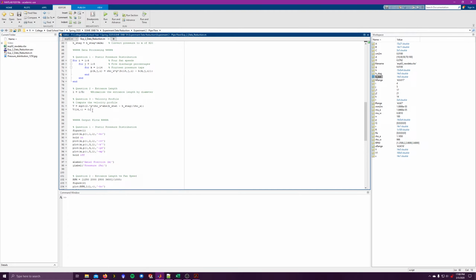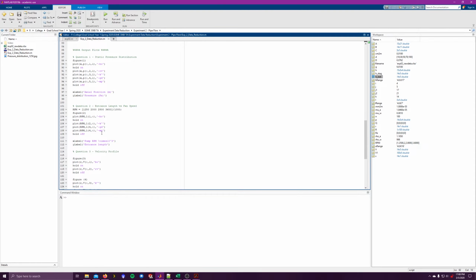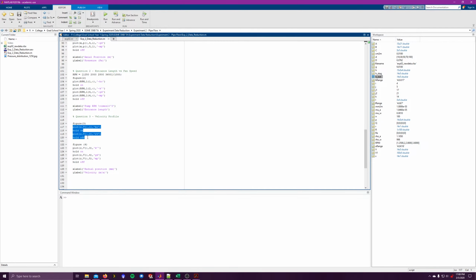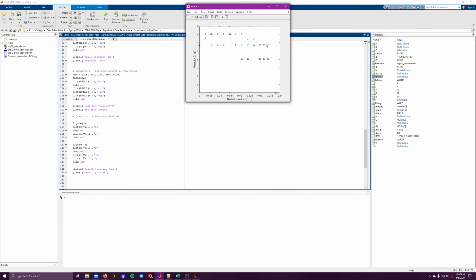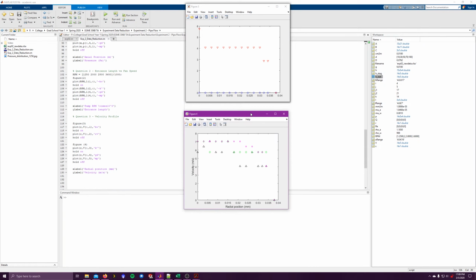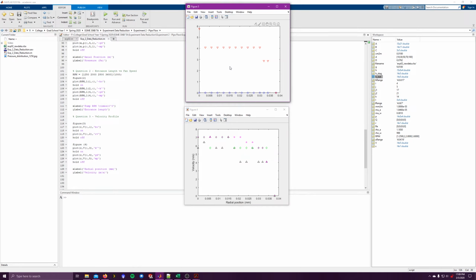Okay, so that's all the code you need there, and then you can go ahead and just plot it. So what I've done here is I've broken up the plots for one graph having 2 plots and the other graph having 3 plots. So figure 3 is for a discharge coefficient for 10% and then 30%.